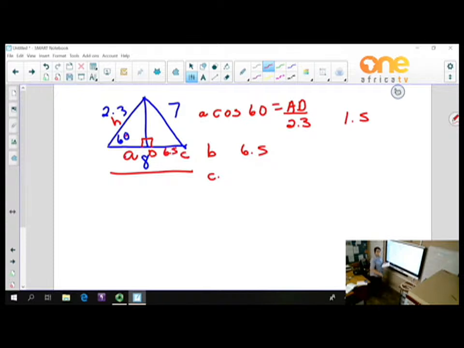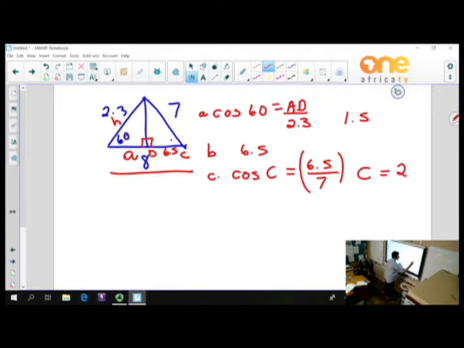Again, which function? Cosine. It's the included angle there. So cosine C is equal to 6.5 over 7. Second function cosine. Some calculators you have to use extra brackets there, and my answer is 21.8 degrees.